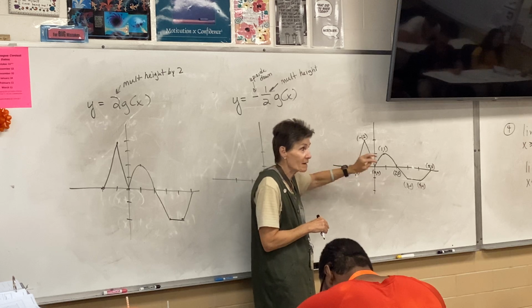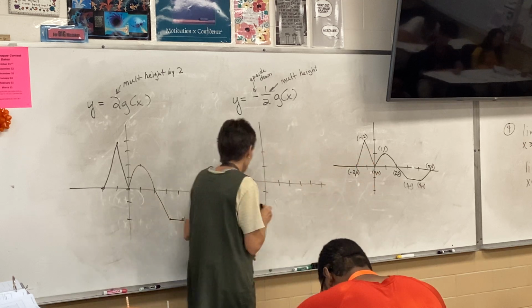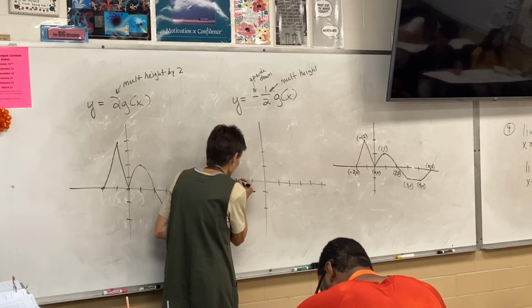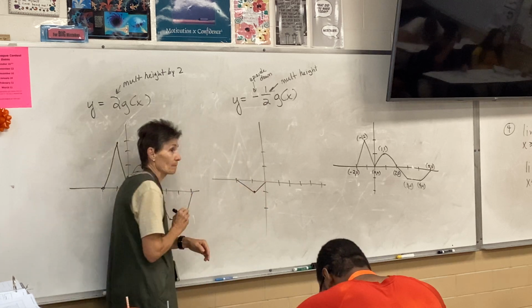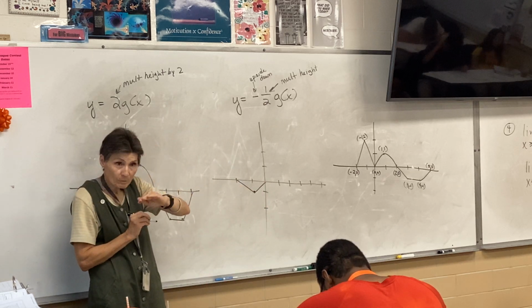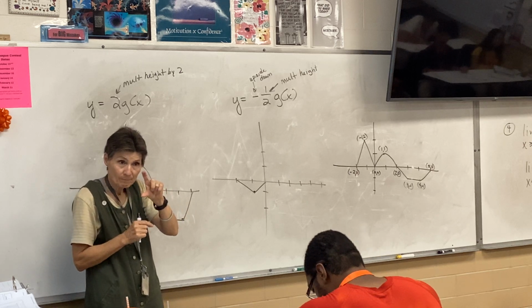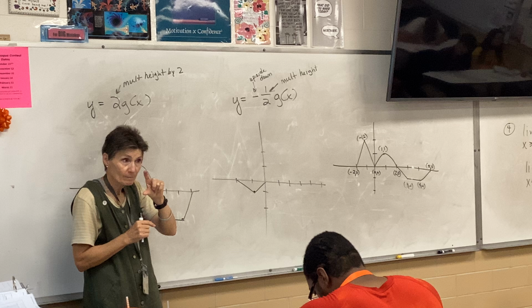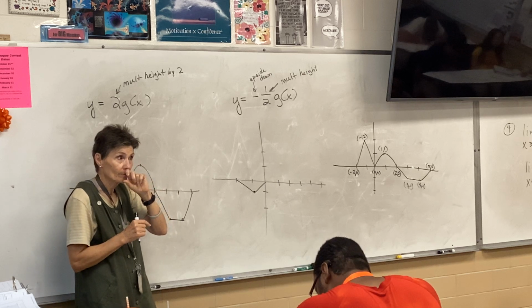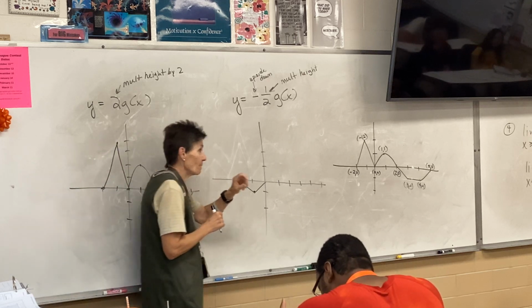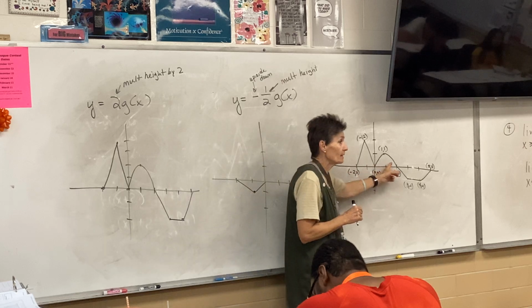Does that make sense to you? It's going to be half as tall. So now my triangle looks like this. He's pointing down because I flipped over, and I shrank him by a half. How about the semicircle? What's going to happen to it?